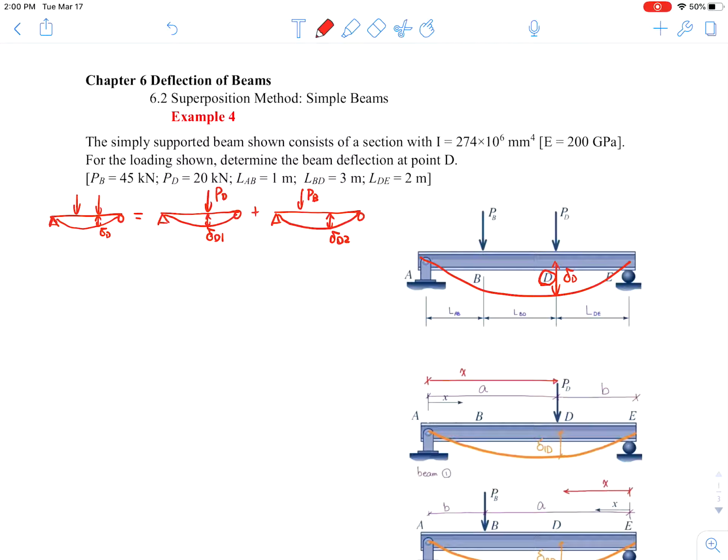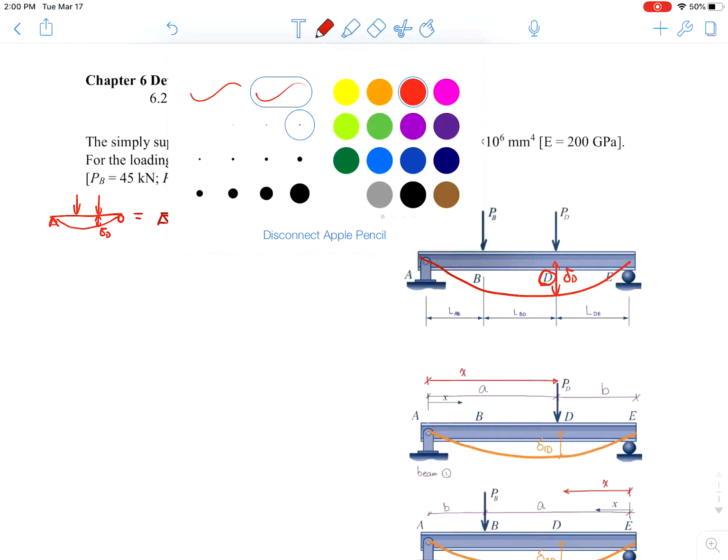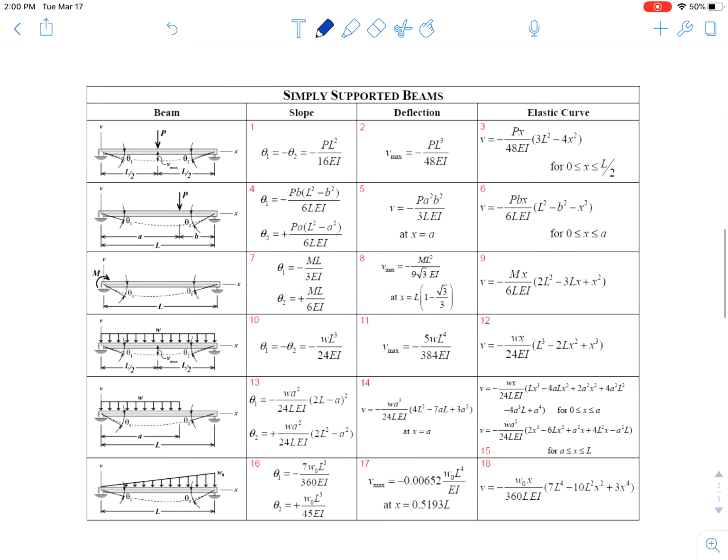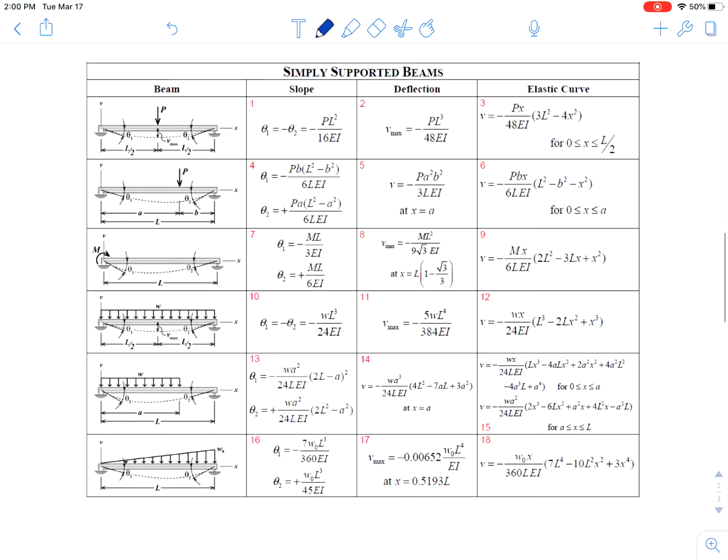In the first case, of course, we can simply consider that here is A, here is B. Then you can easily find the equation from our big table.